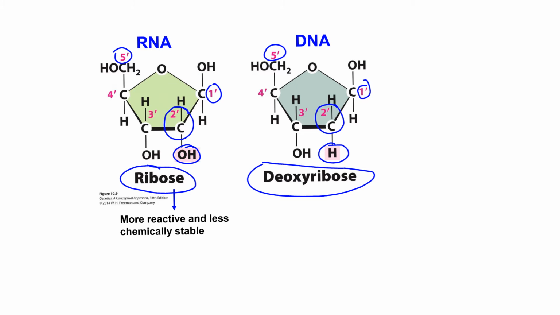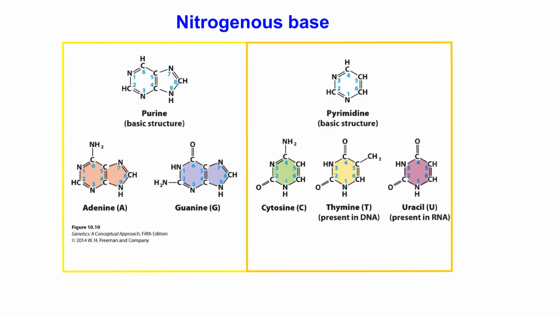The second component of a nucleotide is its nitrogenous base. There are two types of bases, purines and pyrimidines. Each purine consists of a 6-member ring attached to a 5-member ring, while pyrimidines have only a 6-member ring.